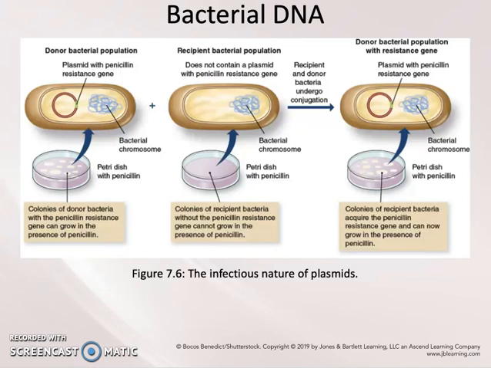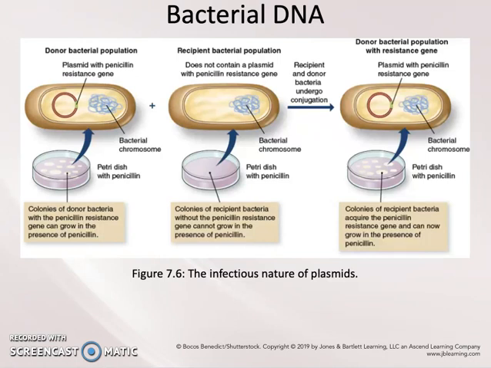Also, unlike bacterial chromosomes, plasmids can be shared from one bacterial cell to another. They do this through a protein bridge that extends from the bacterial cell. This protein bridge is what's called a pilus. The bacterial cells can then send a portion of their DNA, the plasmid DNA, through that pilus bridge.